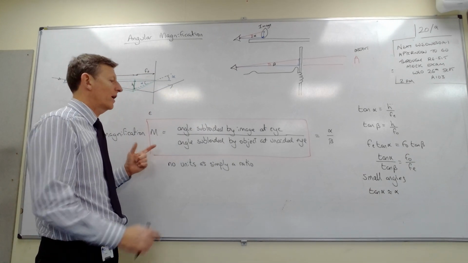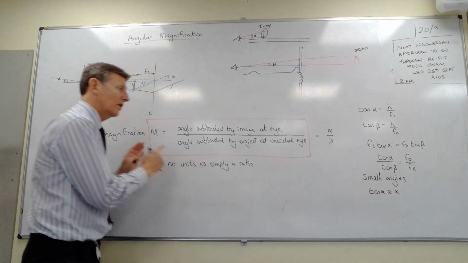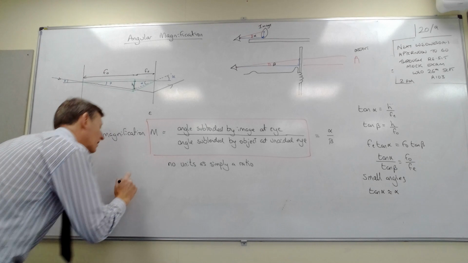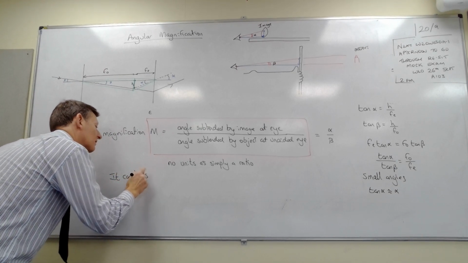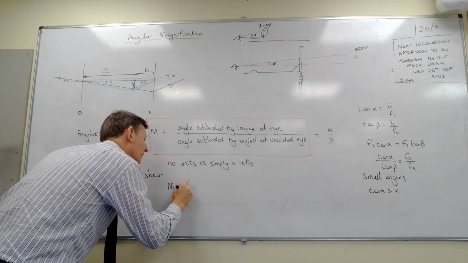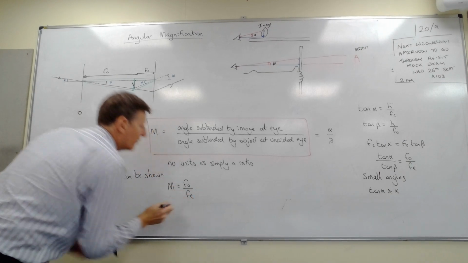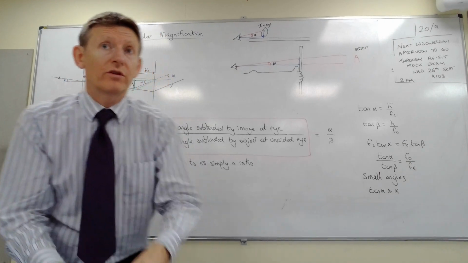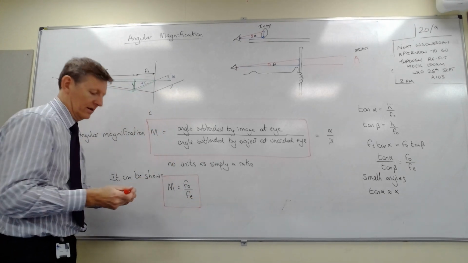So I've got another equation that you need to use. You don't really need to know this stuff here. You just need to know the relationship I'm going to give you now. So it can be shown that M equals F naught over FE, the ratio of those two focal lengths. And this is another one which is on the formula sheet.